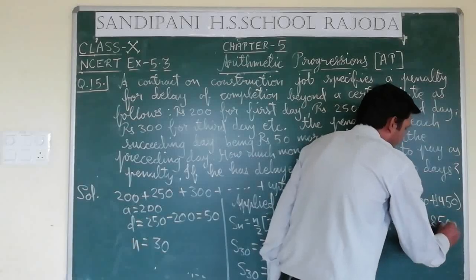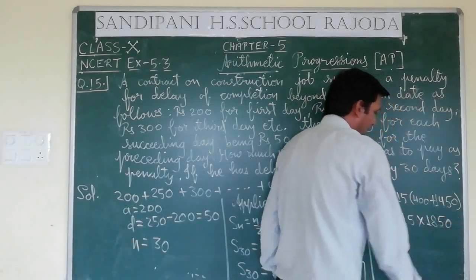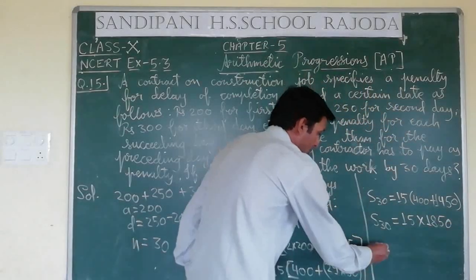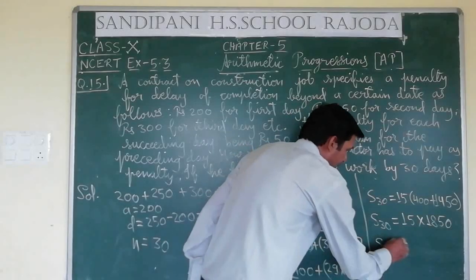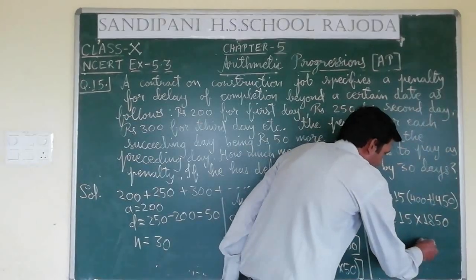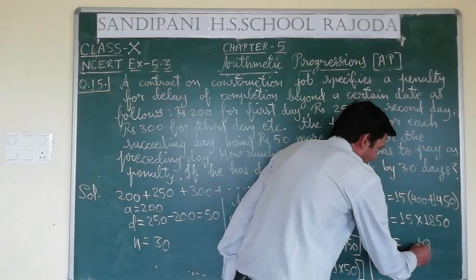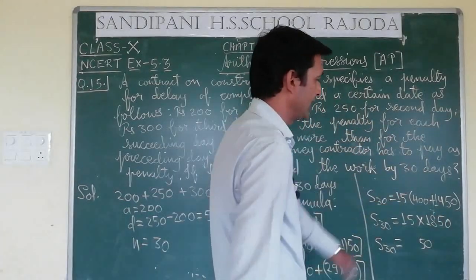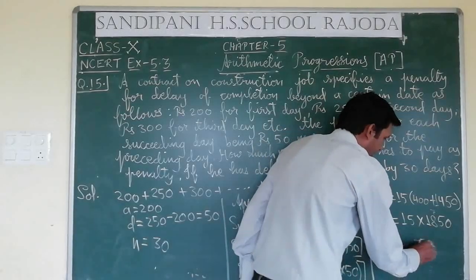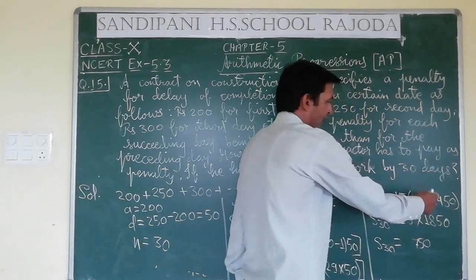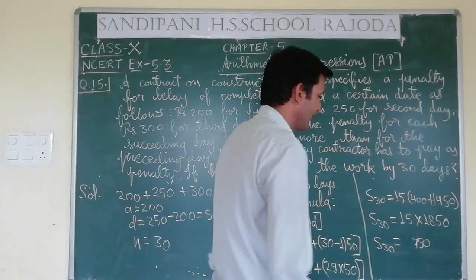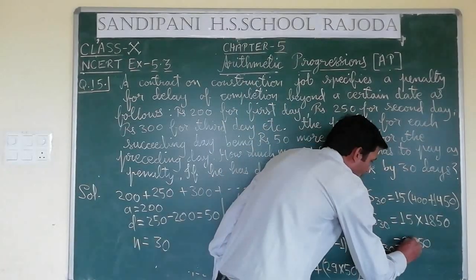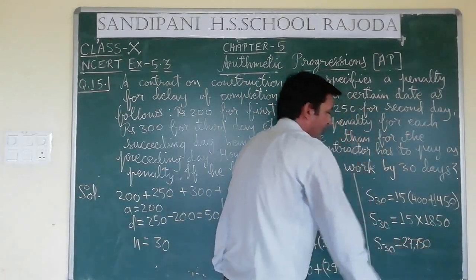1850. Now 1850 will be multiplied by this 15. So sum of 30 terms is equal to 15 0 is 0 and 15 5 is 75, 5 carry on 7, 15 8 is 120, 120 and 7 127, 7 carry on 12, 15 1 15 and 12, 17 27, that will be equal to 27,750 rupees.